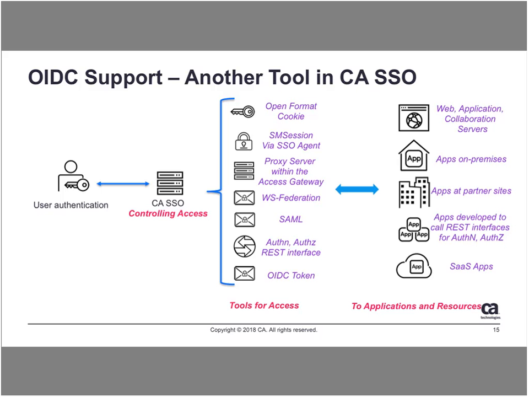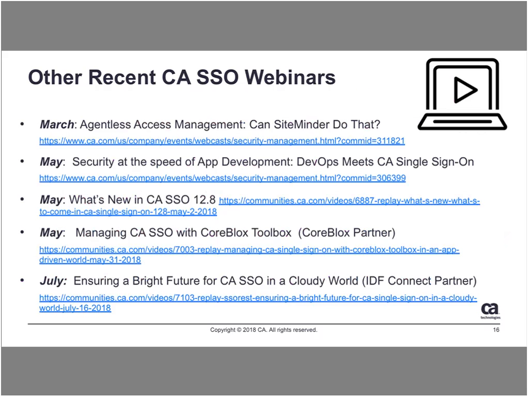So again, the net result is the use of CASSO across a range of application types through a single pattern of activity.